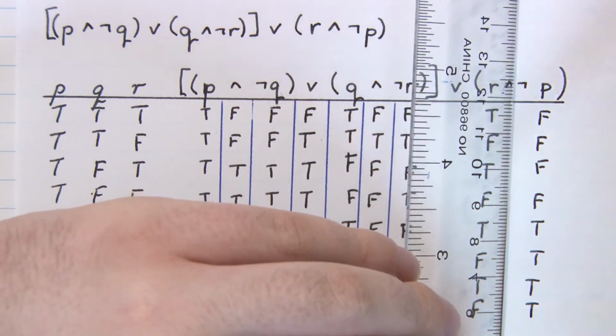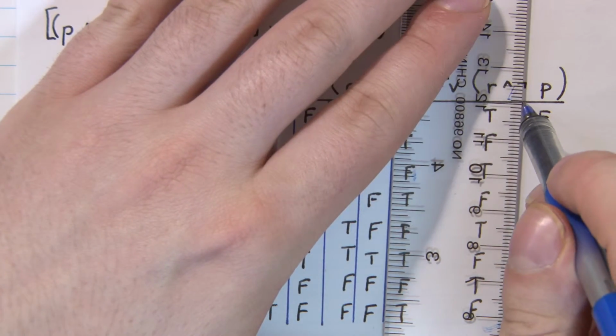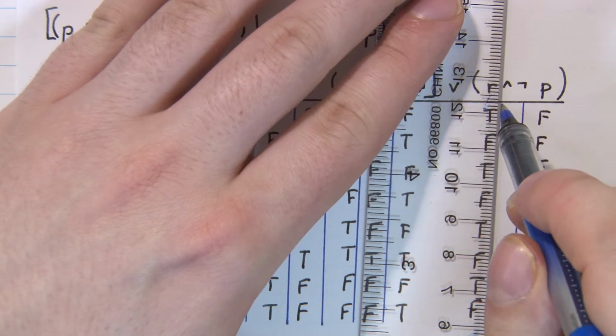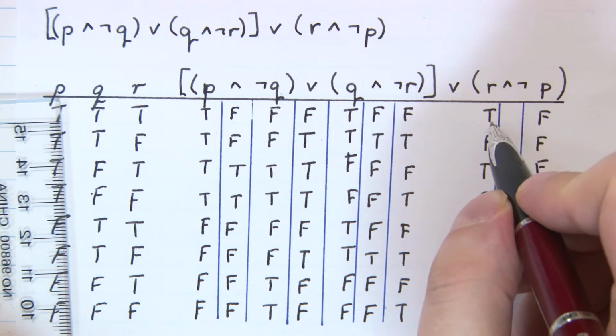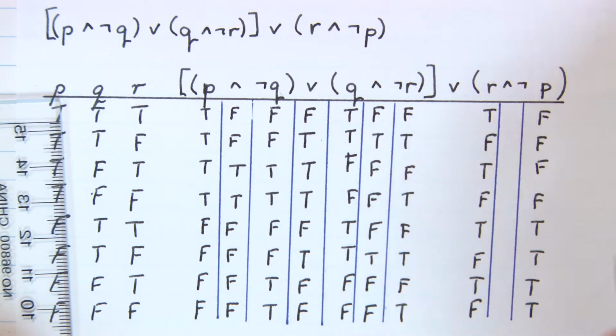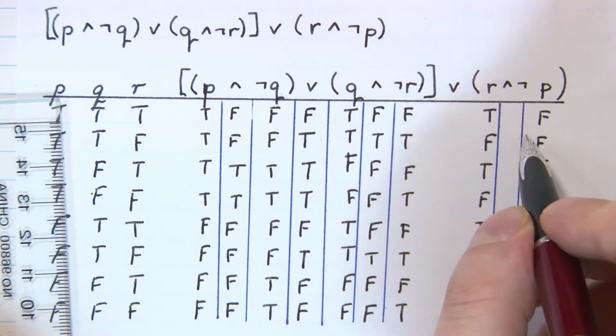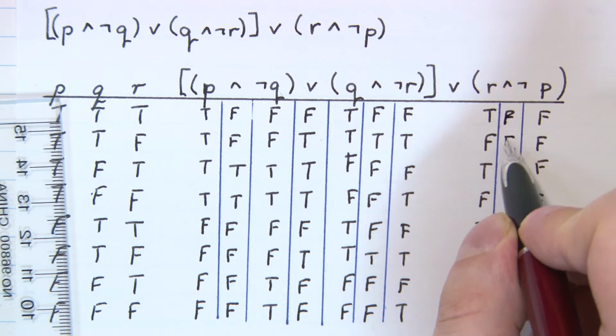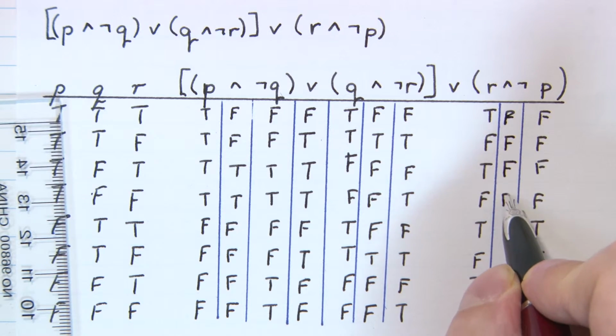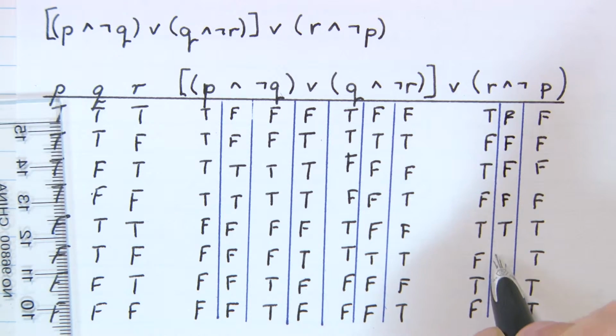Then I'm going to do the inside because I have the AND. Both of these have to be true for this to be true. So this is false, false, false, false, true, false, true, false.